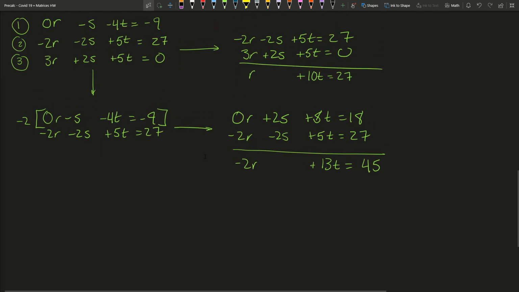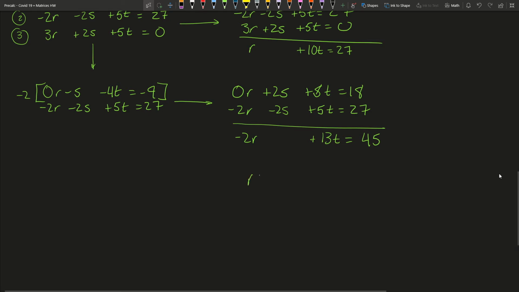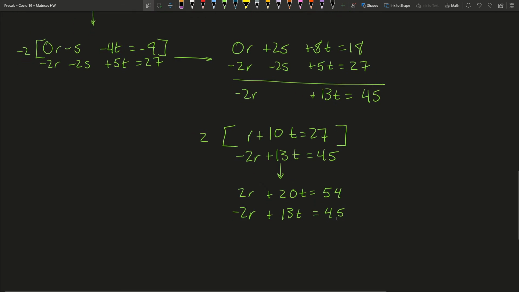All right, now we just have to solve the system of 2. In order to do that, we need to multiply the top one by 2. When we do that, we get 2R plus 20T is equal to 54. And then we just add down.